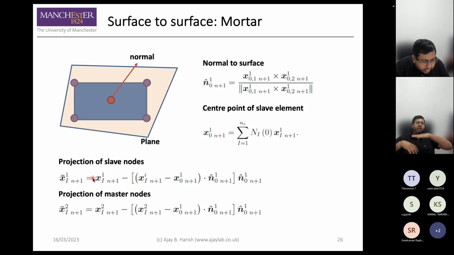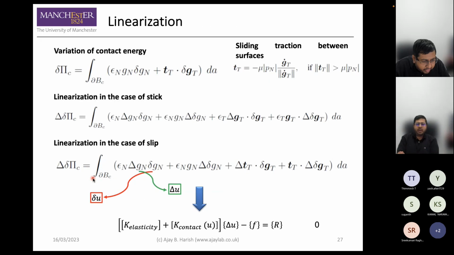We can take any random plane and project everything onto that particular plane, and that's where all the projection is done and the linearization is done in order to find the overlap between the two surfaces. Once we know what the overlap is, we are able to use our variational form and do a linearization of this form. Most often these are terms that are very hard to calculate.